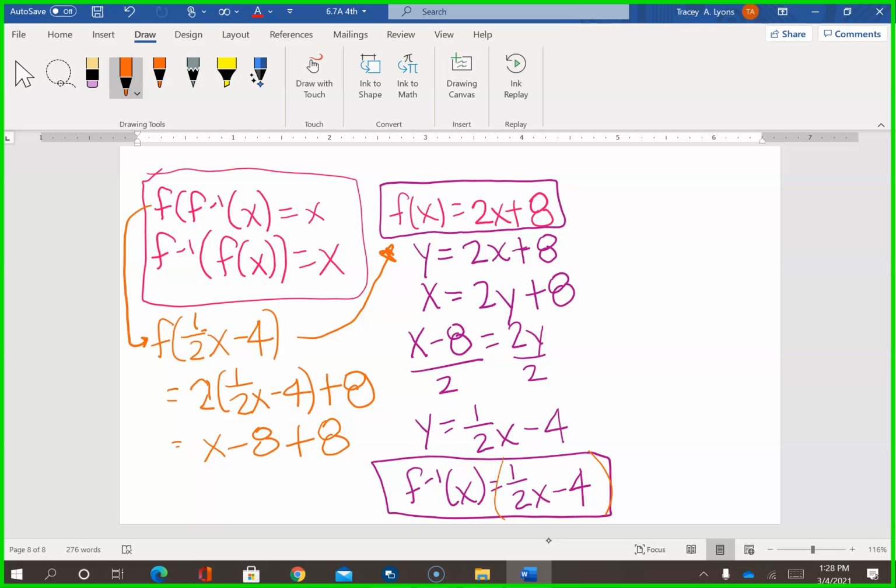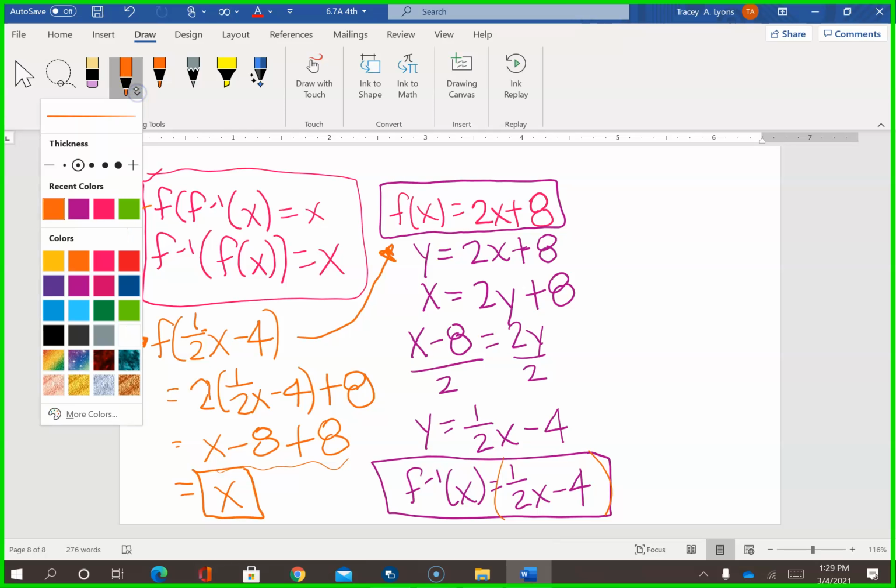Okay, so when you use the distributive property, you get 2 times 1/2, you get 1x. 2 times -4, you get -8, and then plus 8. And then at the end, you get x. So if you actually had to show this, you do have to show these parts, regardless of how minor you think they are, and you should get x at the end, which we did.